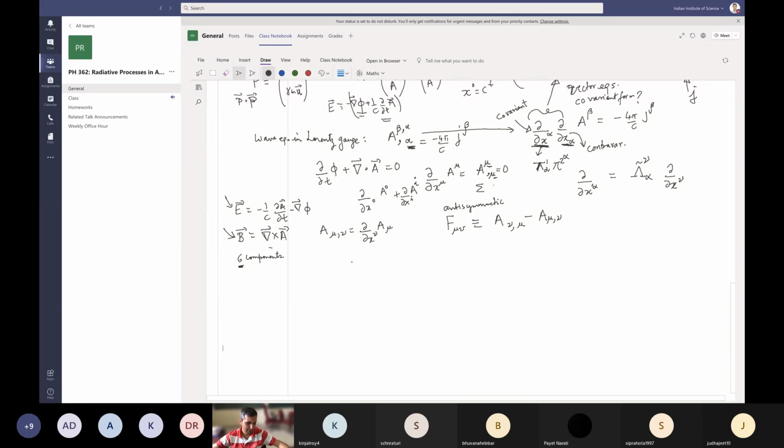in a tensor form, in a covariant form, if we recognize F mu nu.